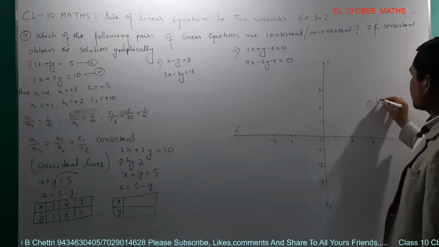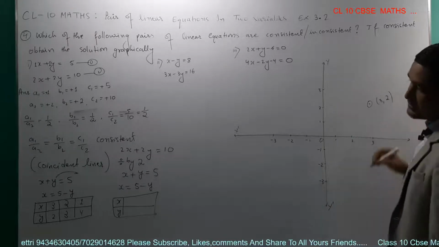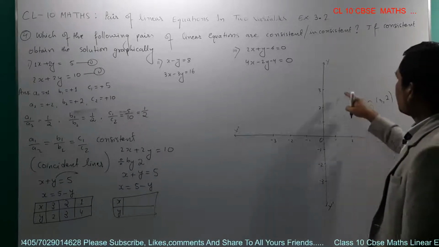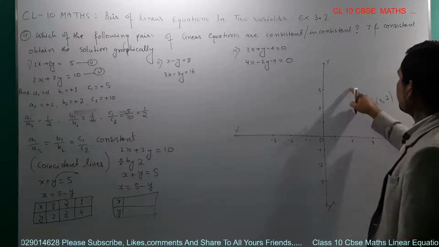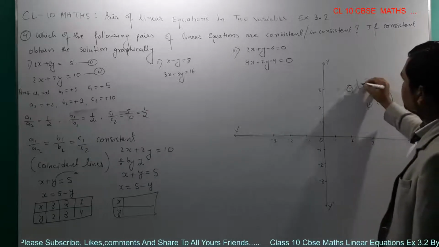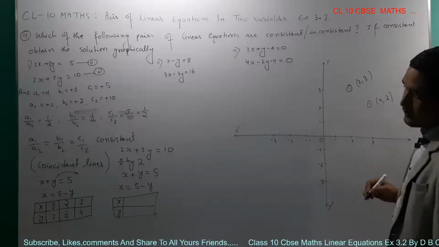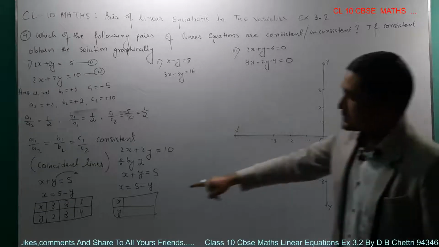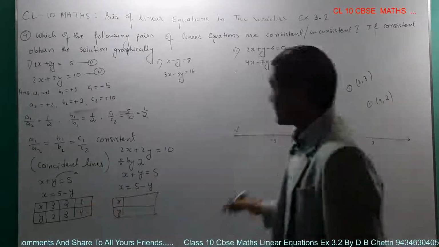This is x 3, y 2. Now the second point, x 2, y 3. Now the third point, x 1, y 4. Okay, I thought the highest number is 3, but the highest number is 4.